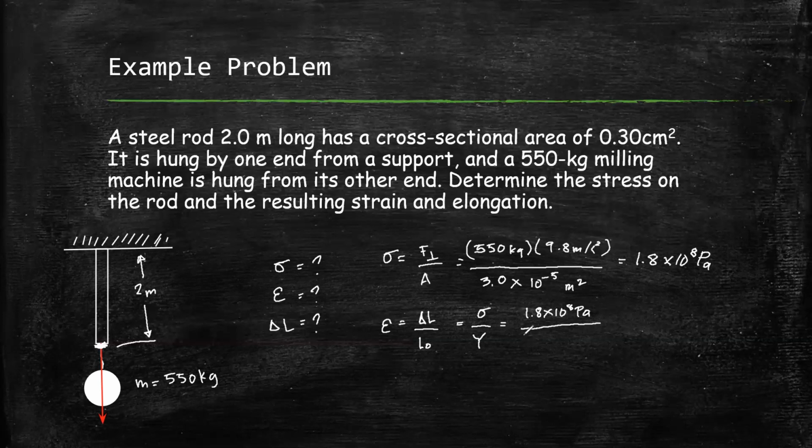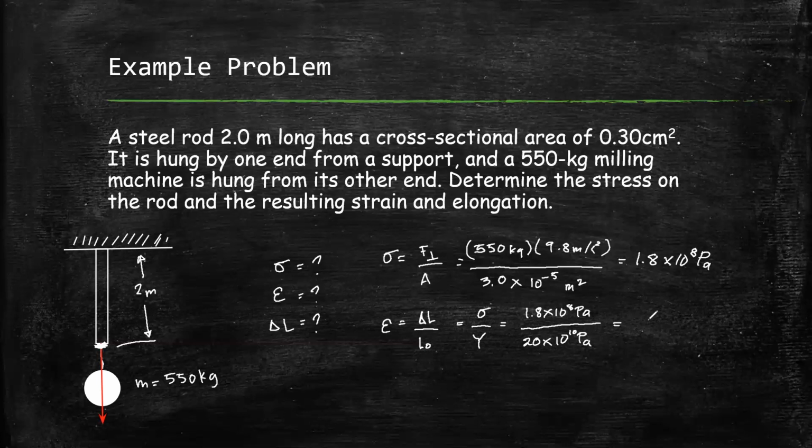So in this case, steel rod has a Young's modulus of 20 times 10 raised to 10 Pascal. So again, different material has its different value of Young's modulus. So it's your assignment to look for the values of Young's modulus. Okay, back to our solution.